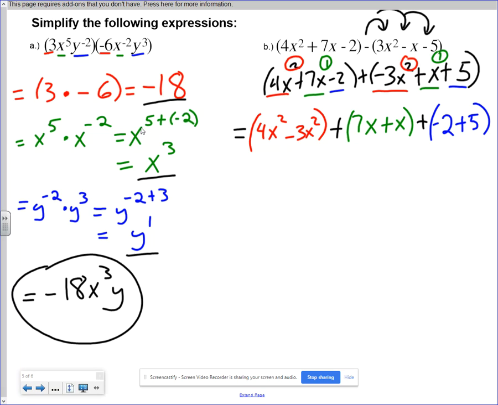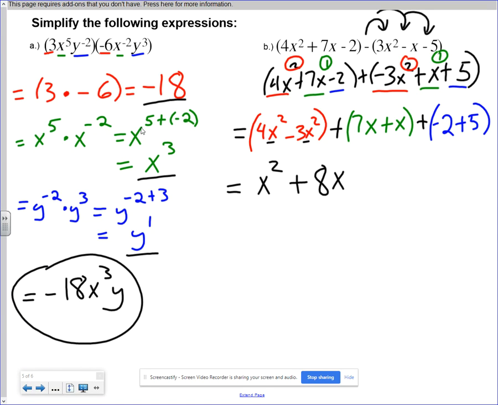Since these x squared terms are like terms, we're going to keep the variables the same. We're going to take 4x squared minus 3x squared and subtract the coefficients, so we're just left with an x squared term. We're going to do the same for 7x plus x: we add the coefficients, so we'll have 8x.